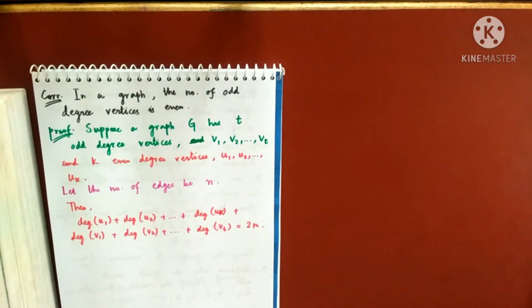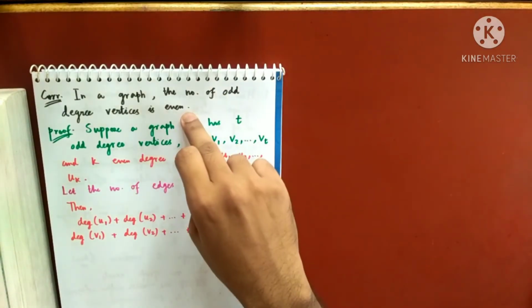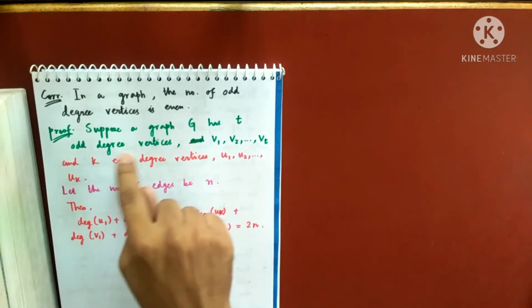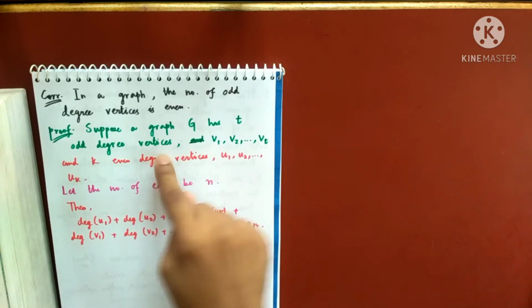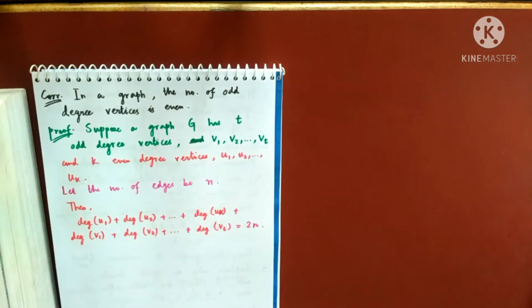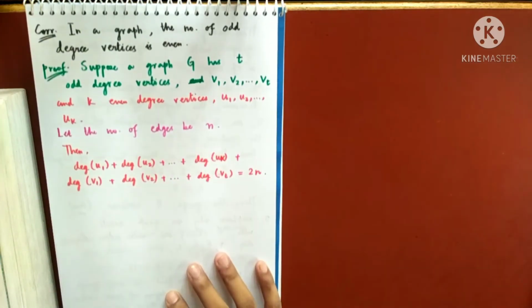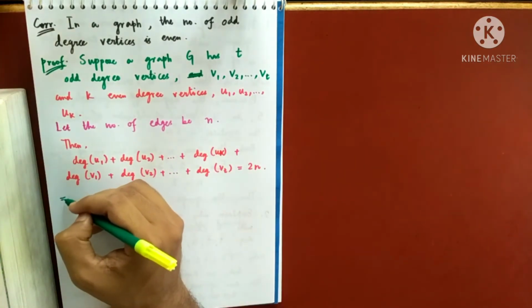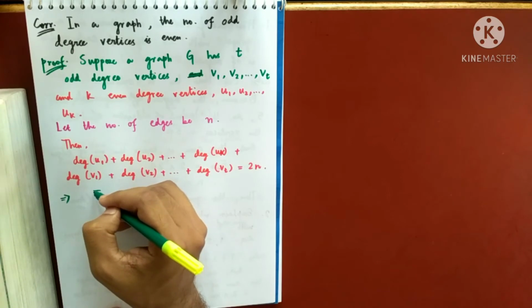So I have to prove that the number of odd degree vertices is even. I have assumed that my graph has t odd degree vertices. I have to prove that this number t is an even number. Okay, let's see how. And this is very clear to all of you. This can be written in a more compact manner.